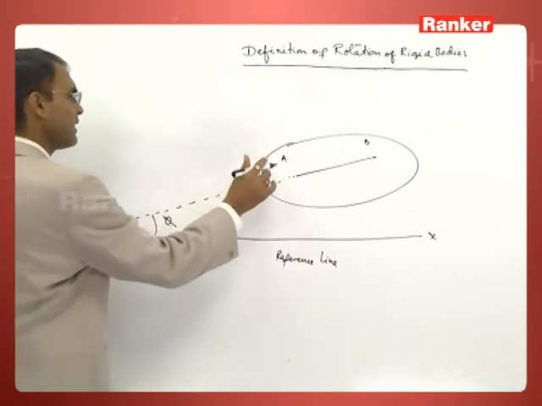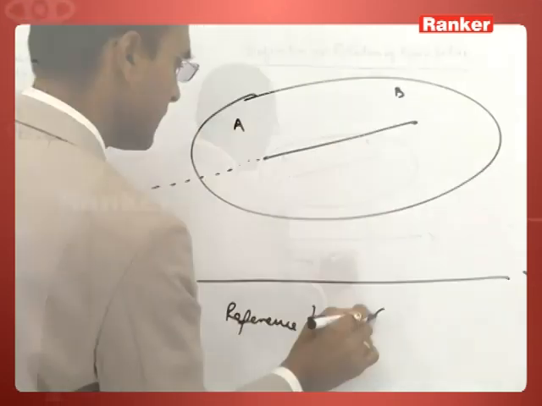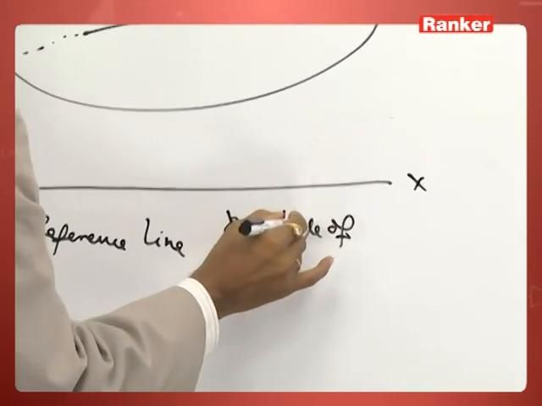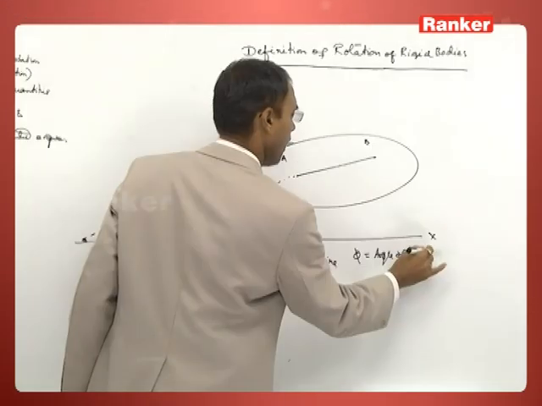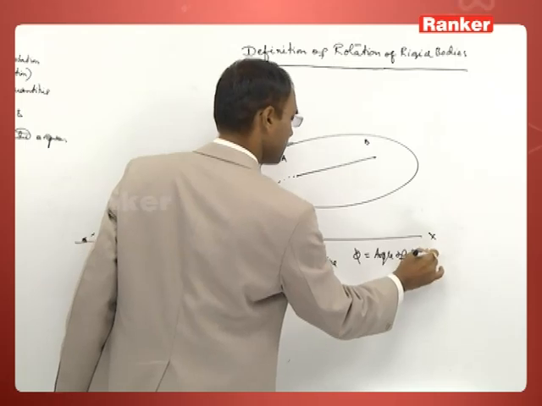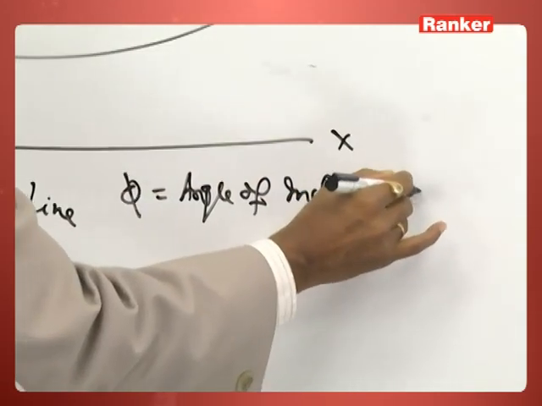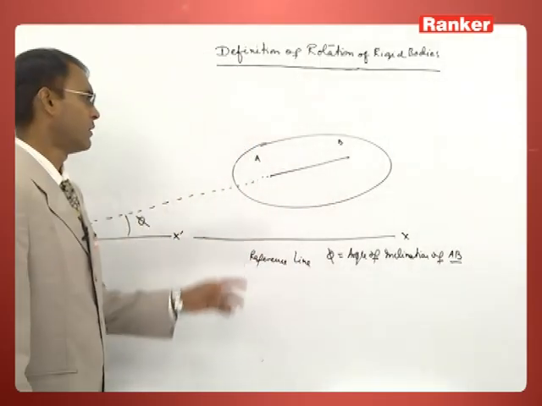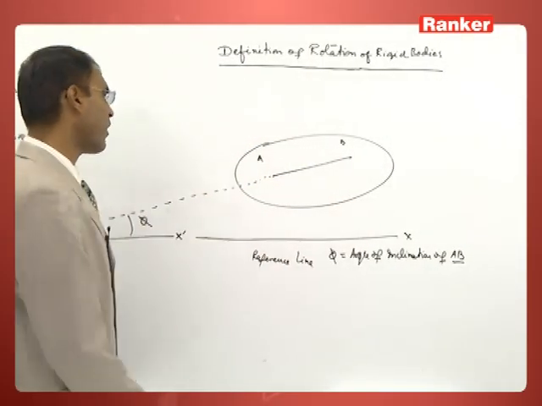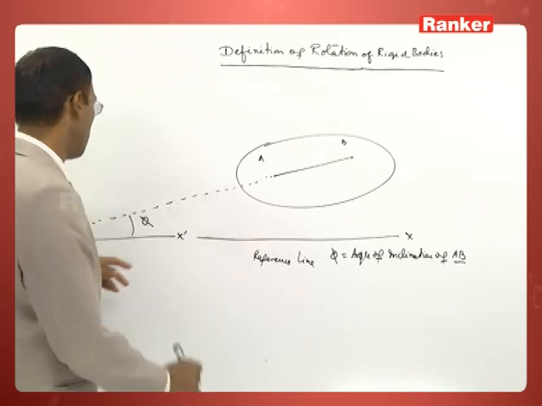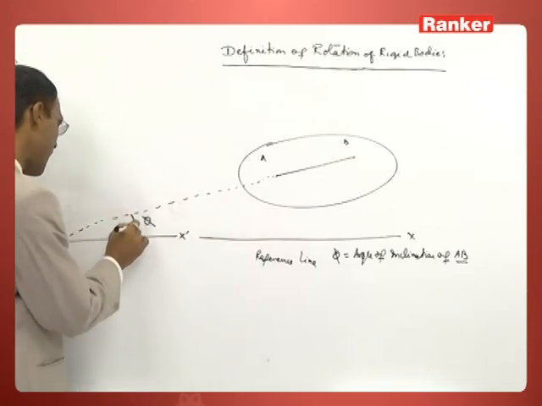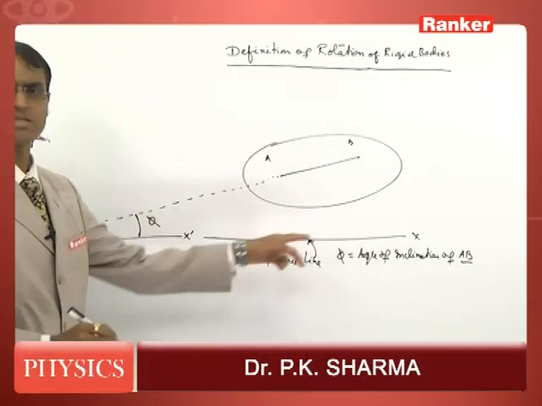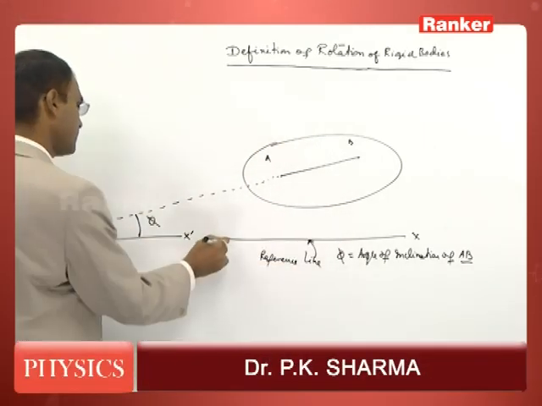This is the angle of inclination of the line AB. The straight line drawn inside the rigid body makes an angle phi with respect to this reference line. This reference line is fixed.